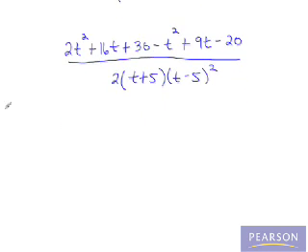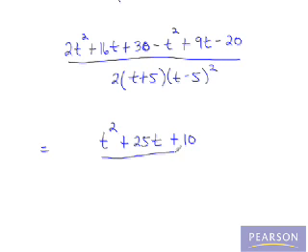And we will combine like terms in our numerator. 2t² minus t² is 1t², we have 16 t's plus 9 more t's, which is a positive 25t, and positive 30 and negative 20 is a positive 10. All of that over our common denominator, 2 times (t + 5) times (t − 5) quantity squared.